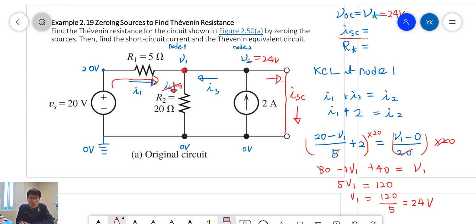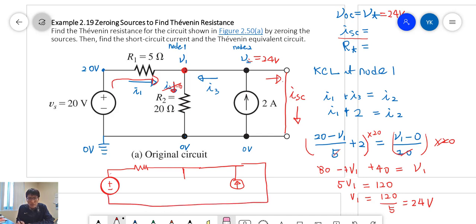Now we can redraw it. The voltage source comes in with one resistance, and this is open, so there's no current, and there is one current source, going down and then going back. So this is the circuit. Now we want to know ISC, the downward direction, and this is 2 amps, and I1 can pass through.